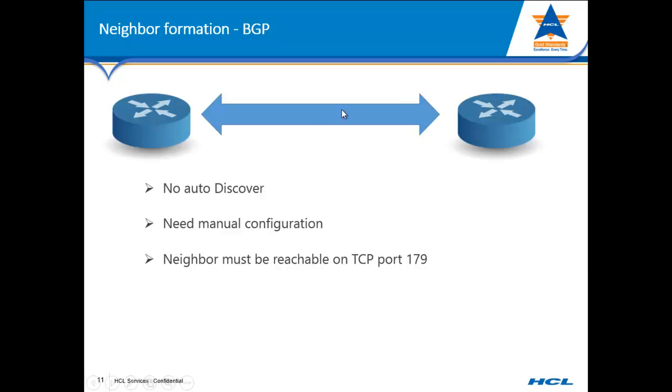It will automatically discover the neighbors and automatically start sharing the updates. In the case of BGP, you have to go here and tell it your neighbor is this one. Then only will it form a neighbor relationship. So keep in mind, there is no auto discovery here. You have to manually configure the neighbors. And all this communication happens on TCP port number 179.